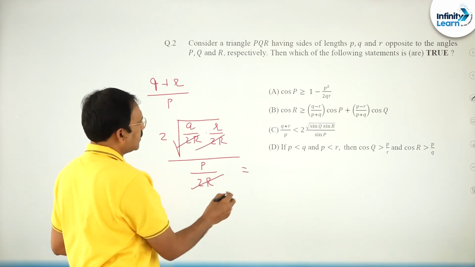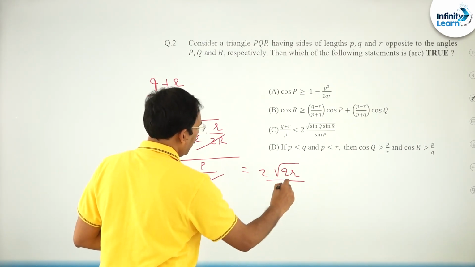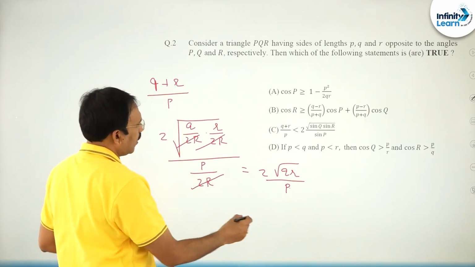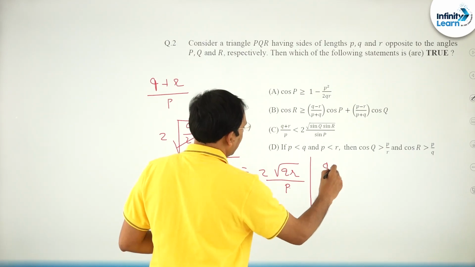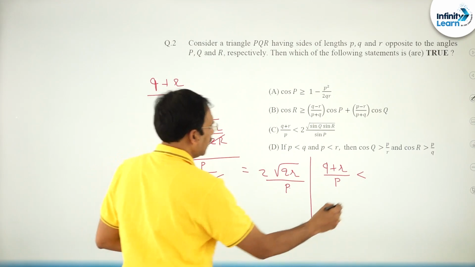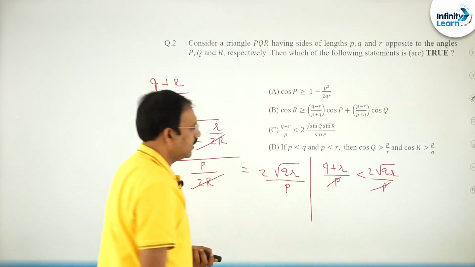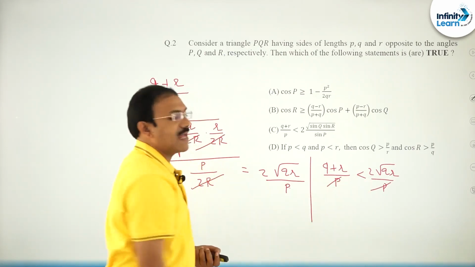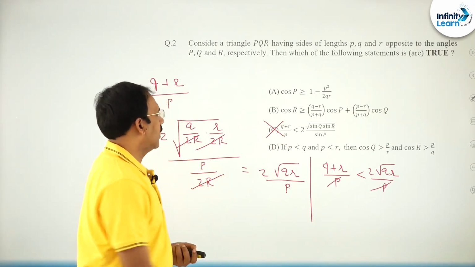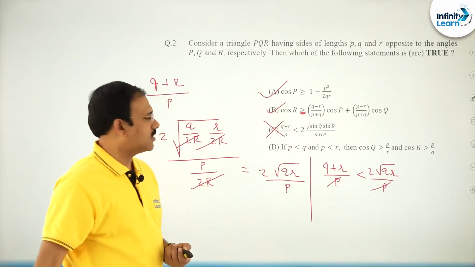So I can say the RHS is going to be 2 root QR by P. Now with this, he has given (Q plus R) by P is less than 2 root QR by P. P gets cancelled. You can say arithmetic mean less than geometric mean, impossible for two positive numbers. So C is definitely wrong. B is correct when equality is not there. If equality is there, this is wrong.